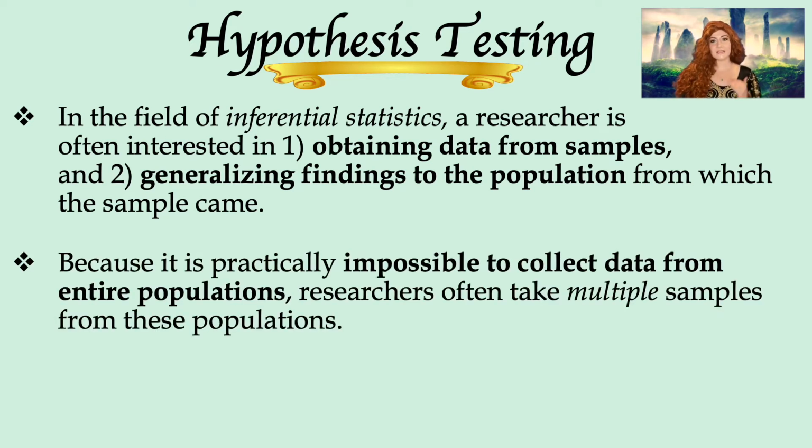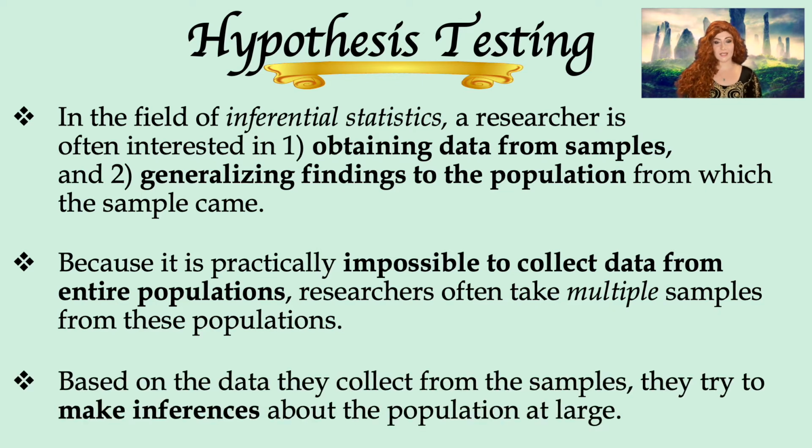Because it's practically impossible to collect data from entire populations, what researchers do is take multiple samples from a larger population. So that means they're not only going to take one, but depending on the size of the population, will determine how many samples they think are sufficient. So based on the data that they collect from these samples, they are then going to try to make inferences about the populations at large.